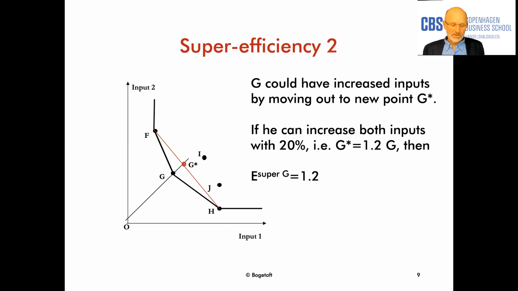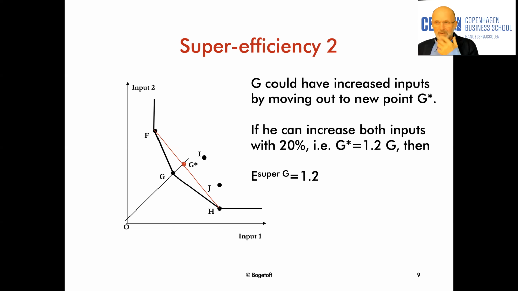The Farrell input super efficiency measures how much I could have increased my input before becoming inefficient. And on the output side, it measures how much I could have reduced my services provided and still look perfectly efficient.